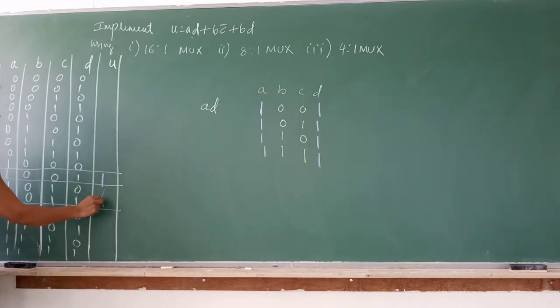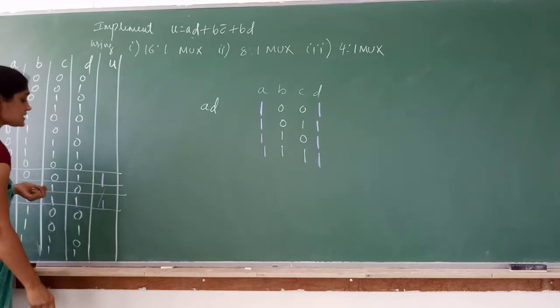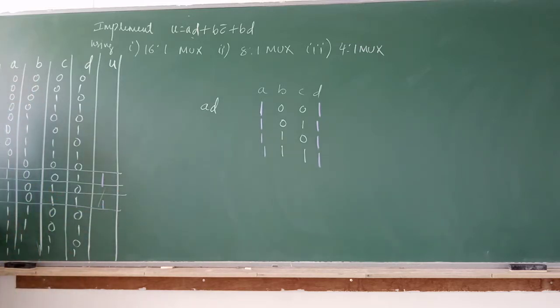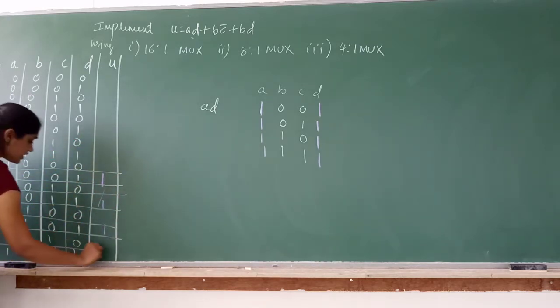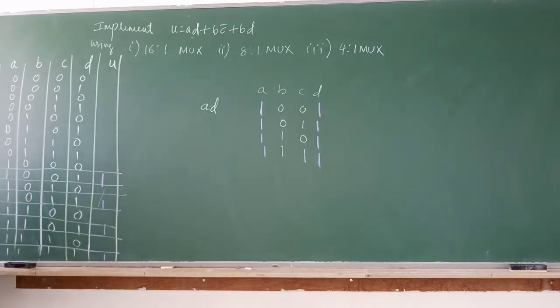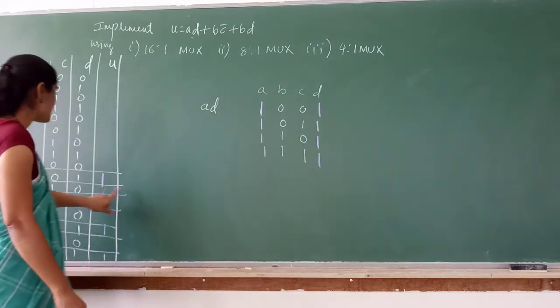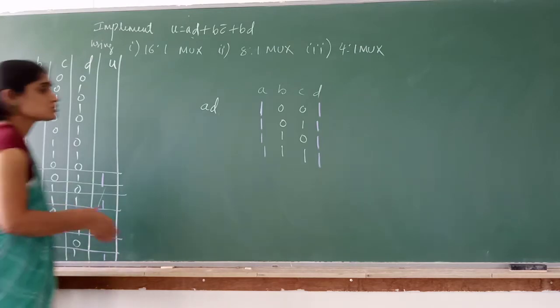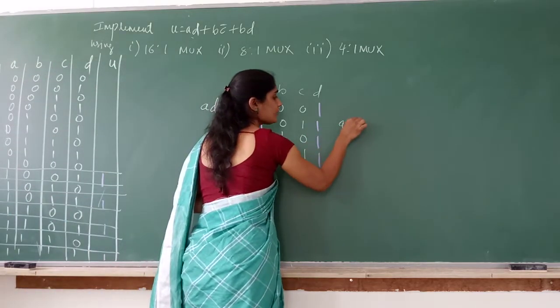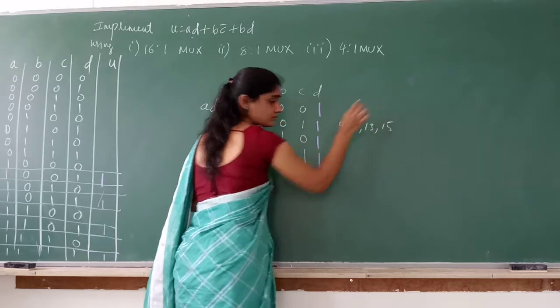Again the output is 1. Similarly 1101 is 13, output is 1. And 1111 is 15, again the output is 1. So for the first term AD, the min terms we got are 9, 11, 13, 15.